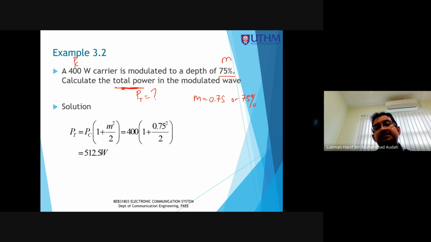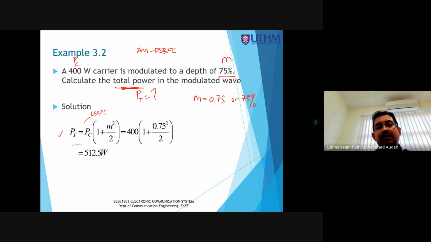This is an example of AM double sideband full carrier, because we are still learning AM double sideband full carrier. So we can use this equation: P total is equal to PC times (1 plus M square over 2). Again, remember that this is only true for double sideband full carrier.